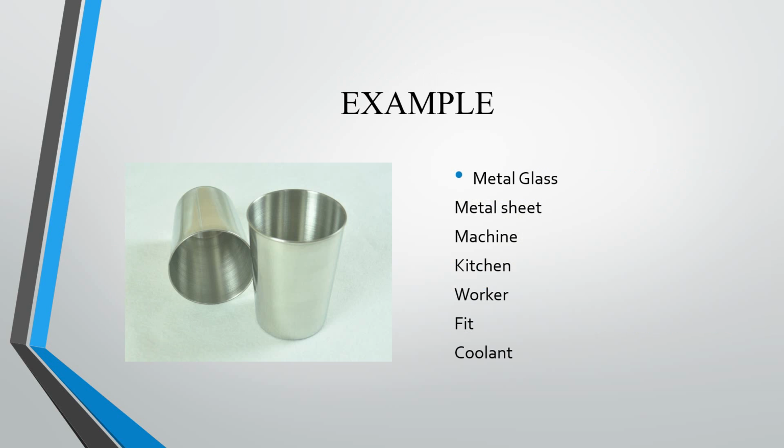Here I have an example of a metal glass. The employee just has to fit the circular metal sheet in the matrix, and then the machine, the press, goes down and starts to generate that pressure that the metal sheet needs to become a glass. All right.